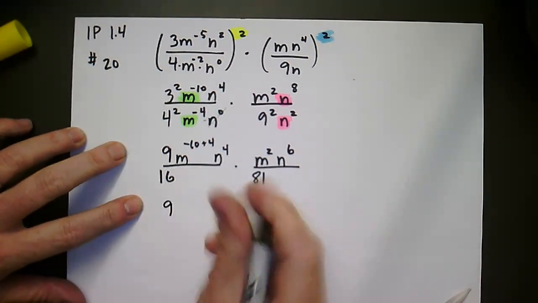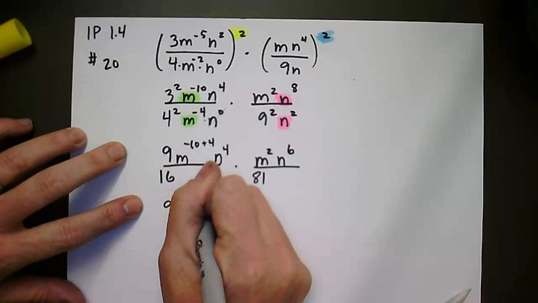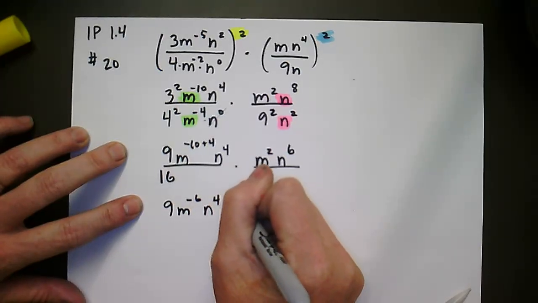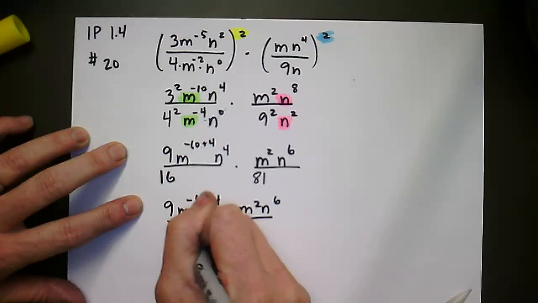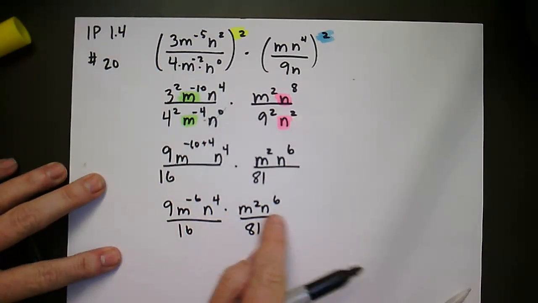Okay, down here, let's combine this. Negative 10 plus 4, that is m to the negative 6. This is n to the fourth times, now we get m squared n to the sixth on this fraction. 16 on the bottom, 81 over here. I got options, but I think I'm just going to start multiplying straight across.